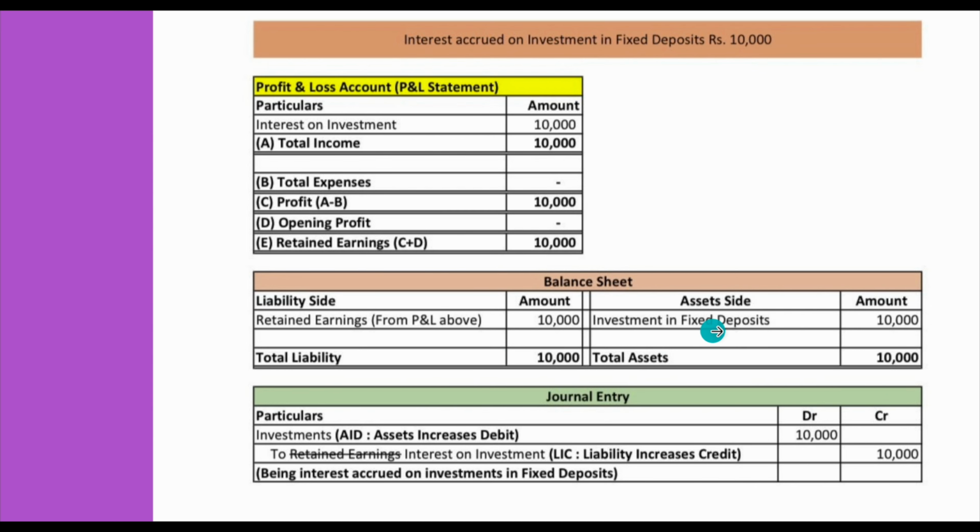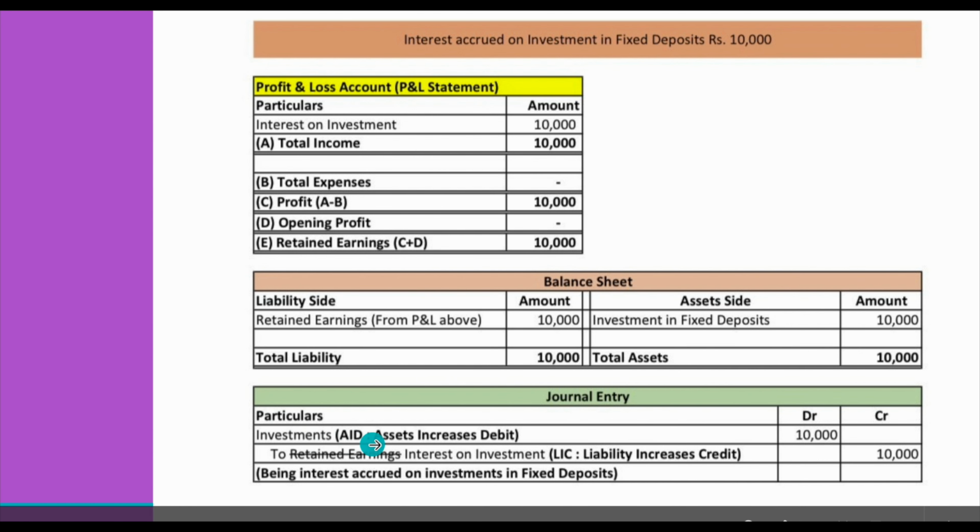Now investment here is increasing. So investment account debit, that is assets increases debit, based on the rule of AID, rupees 10,000. On the balance sheet liability side, retained earning is increasing by rupees 10,000. So retained earning will be credited based on the rule of LIC, that is liability increases credit, rupees 10,000.